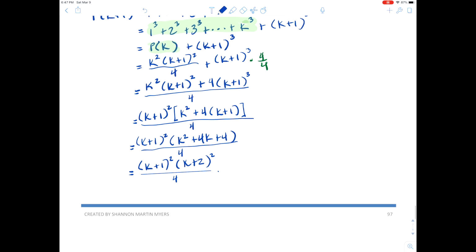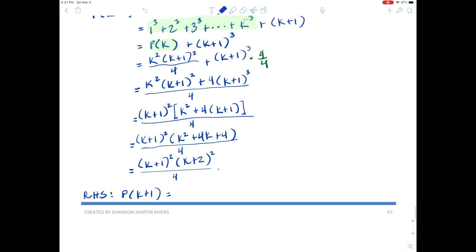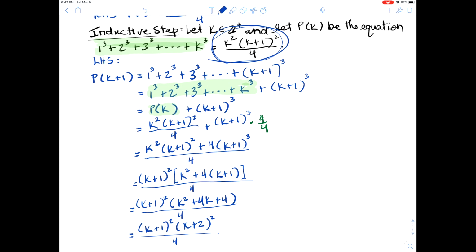All right, so let's see what happens for the right-hand side. So our right-hand side, P at k plus 1, will be equal to, all right, so we're going again, remember, with this circled business. But we're plugging in k plus 1.